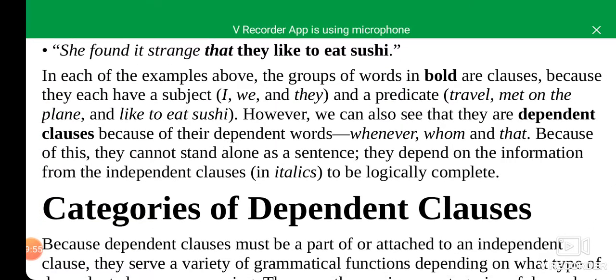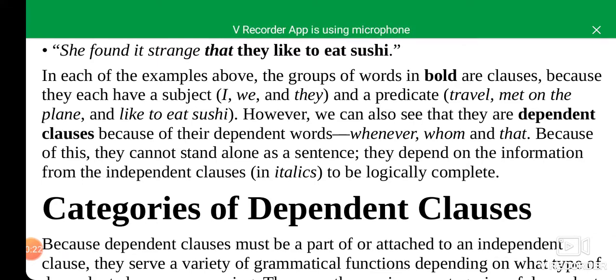In each of the examples above, the groups of words in bold are clauses because they have a subject: I, we, and they. As I told you earlier, if a sentence has a subject, and here are the examples, I, we, and they are the subjects, and a predicate: travel, met on the plane, and like to eat sushi, these are the predicates.